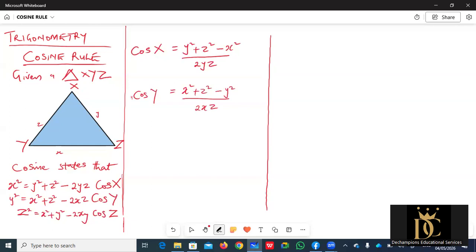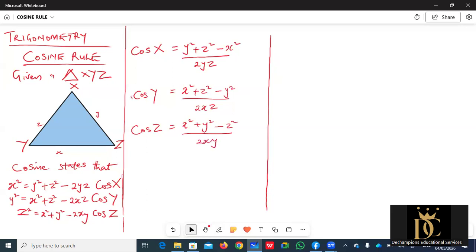Also, if you want to find the angle Z, cos Z will be equal to x square plus y square minus z square over 2xy.